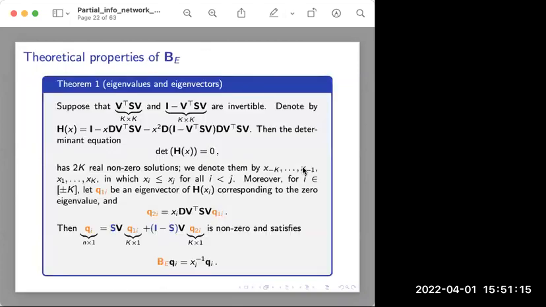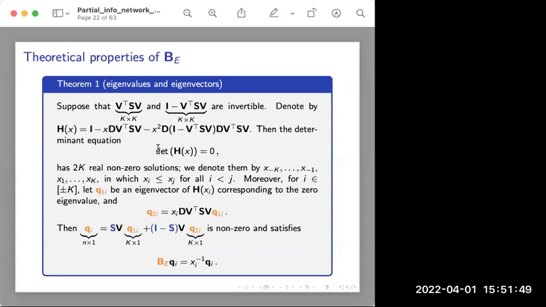First, this is the result we have regarding the form of eigenvalues and eigenvectors of BE. We'll need the assumption that V^T S V and I minus V^T S V, these two matrices, are invertible. Under this assumption, we make up an H matrix with x a scalar. This H matrix depends on the population quantities V and D. It also depends on the random quantity S, the diagonal term.